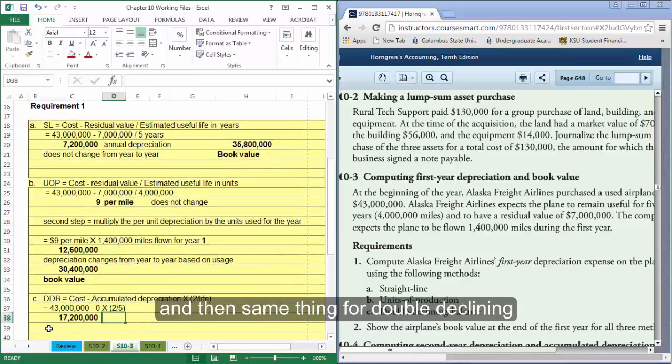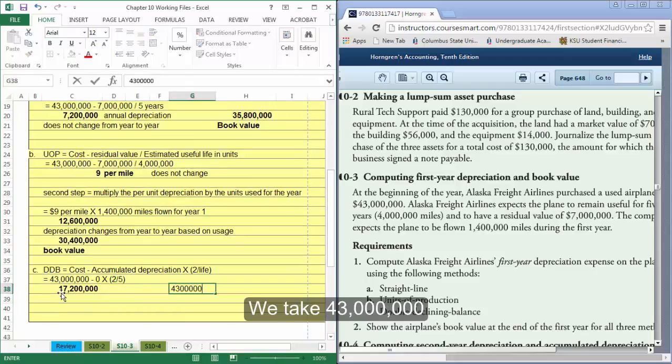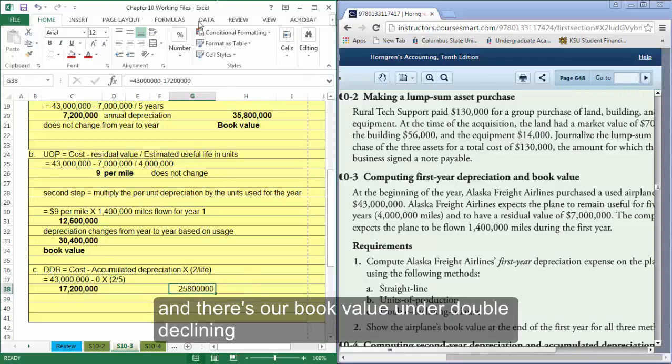And for double declining, we take 43 million minus the 17,200,000, and there's our book value under double declining.